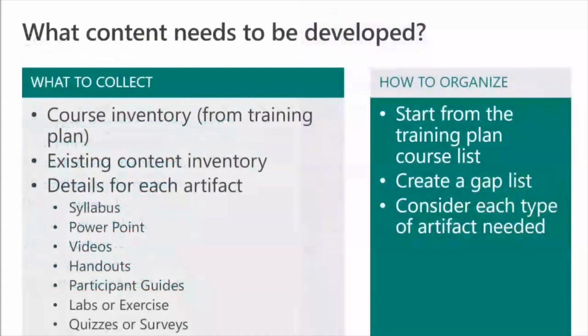Diving into each one of these questions, I've put together some additional information. When you're determining what content needs to be developed, there are 2 key inputs that you will need to gather. The course inventory, which comes from your actual training plan, is the list of what courses need to be delivered. And then your content inventory.